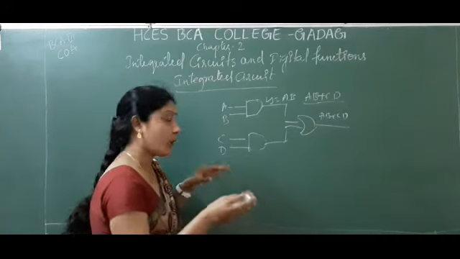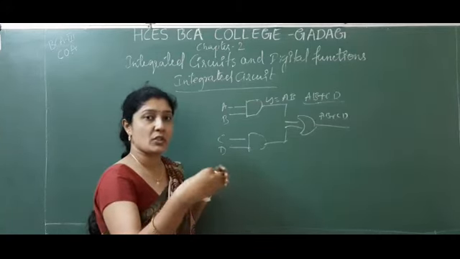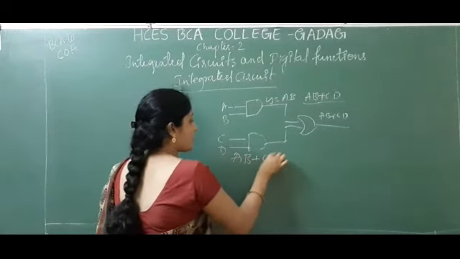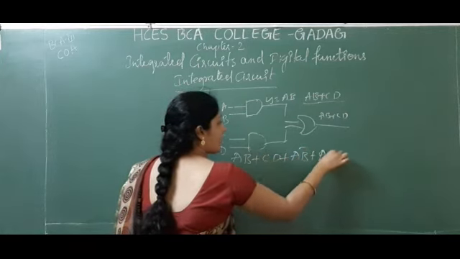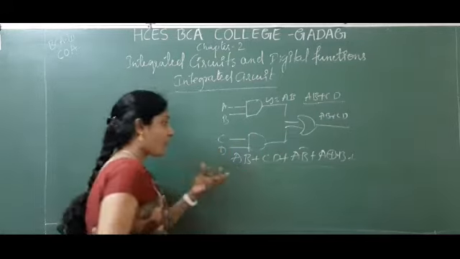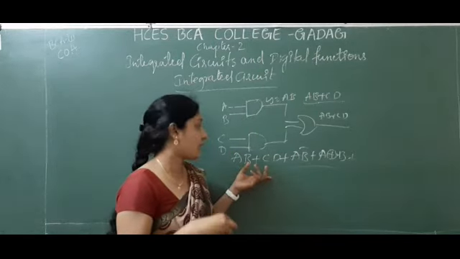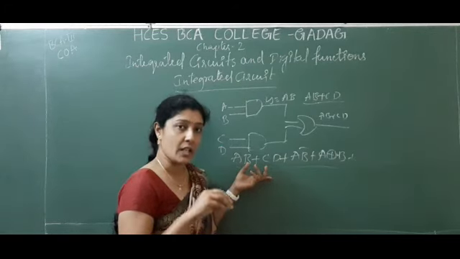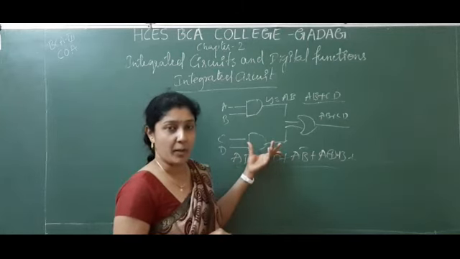So if the length of the logical expression increases, for example, AB plus CD plus AB bar plus A XOR B and so on, just imagine, if the length of the logical expression increases to this level, what might be the complexity of the logic diagram?